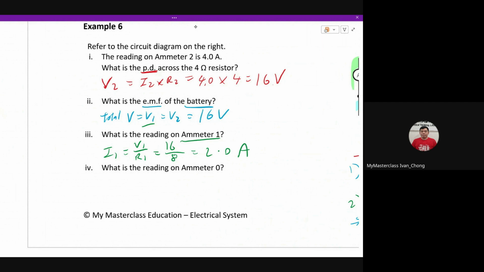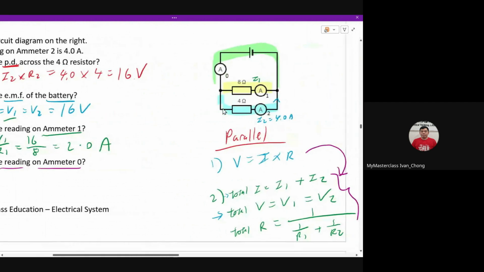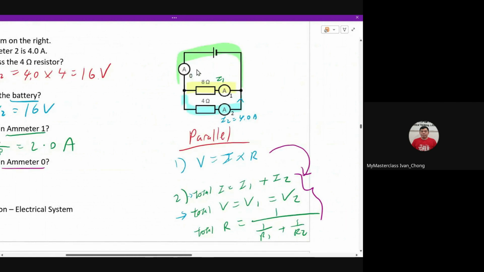Last but not least, what is A0 reading? A0, if you haven't noticed, this is actually your total I. So the total I, do you have total V? Yeah. Do you have total resistance? No, but we can find it, but it's a bit troublesome. You can find your parallel and then you take this and divide. We don't need to do that.